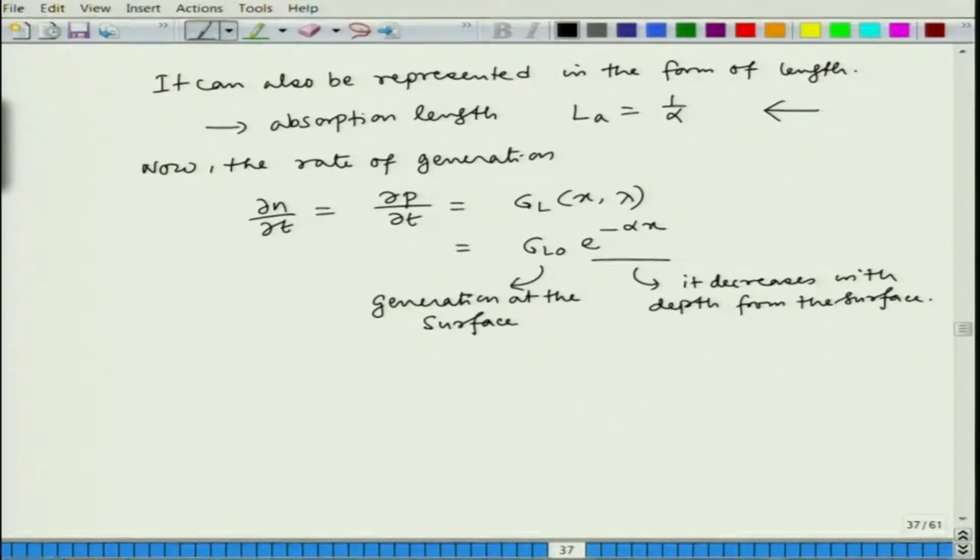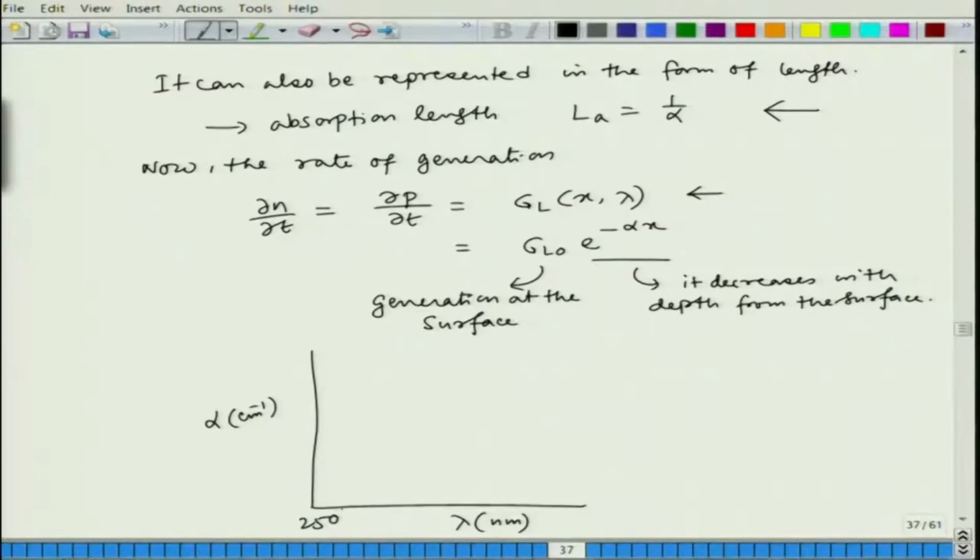Now, this absorption coefficient alpha will be a function of wavelength. That is why this G_L, as you see here, is a function of wavelength lambda. So, if we look at that for silicon, this is alpha with unit centimeter inverse, and this is lambda or wavelength in nanometers.